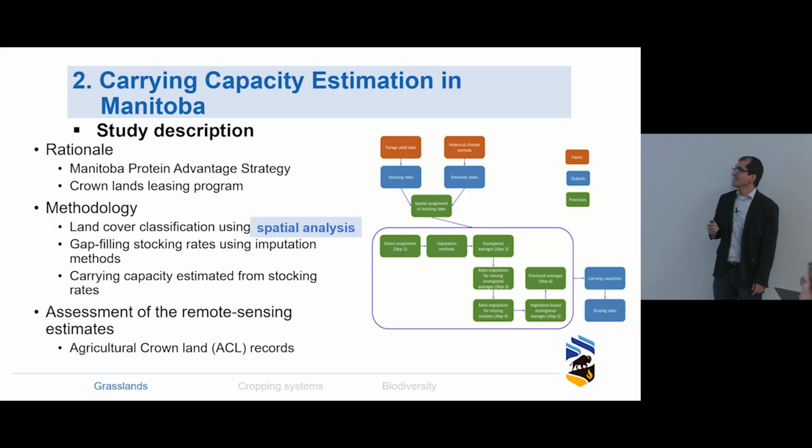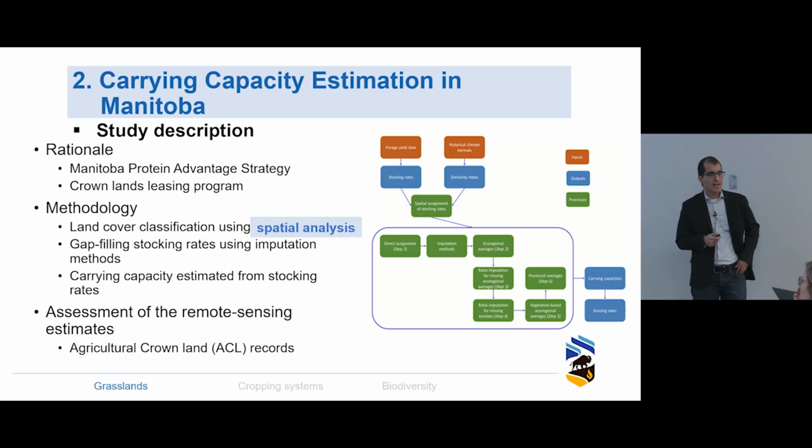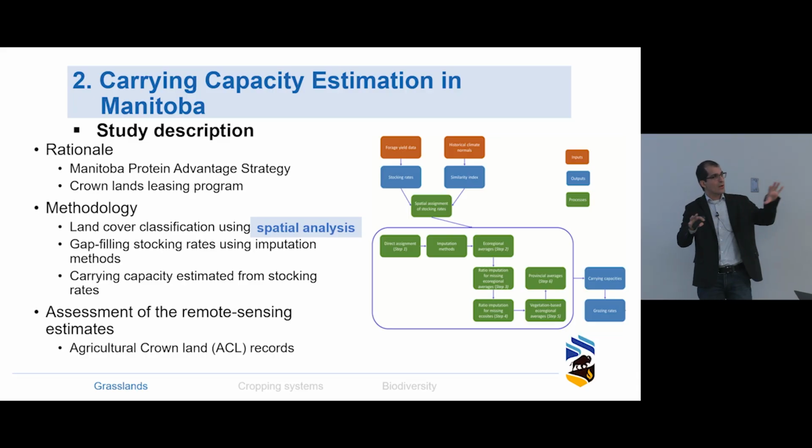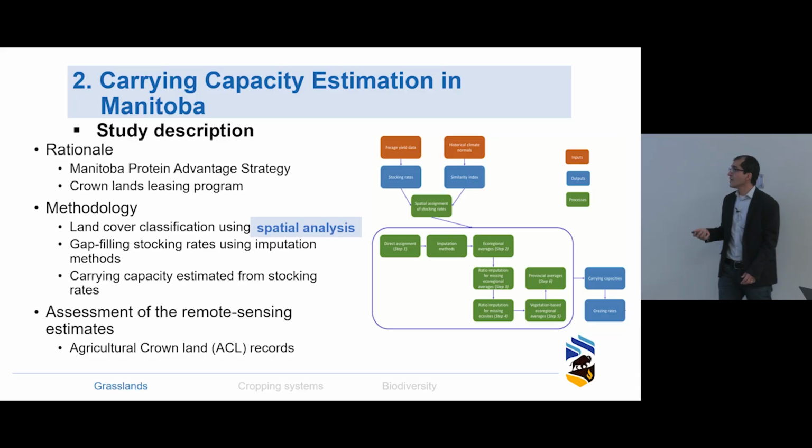What we did in this study was we started with a product that the province has called Manitoba Grassland Inventory, which is a raster classification of the grasslands. And then we found some forage yield scattered across the province and tried to extrapolate from those points across all the province. So we estimate the stocking rates and we extrapolate by assignments based on weather properties. This was a rather convoluted process I don't have time to describe here.